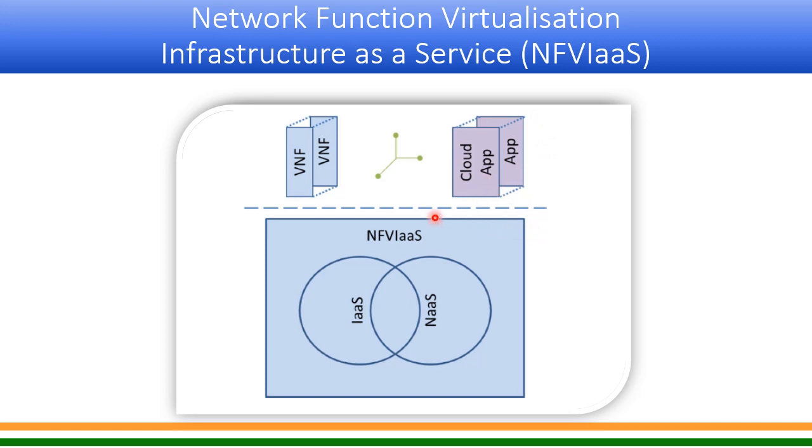For example, this portion of the NFVI infrastructure may be offered by an IT giant like Microsoft, so Microsoft Azure, or Google Cloud, or maybe Amazon Cloud. So the operators can rent or buy or lease NFVI as a service from any of the service providers, and then they can deploy their virtual network functions or any other cloud application.